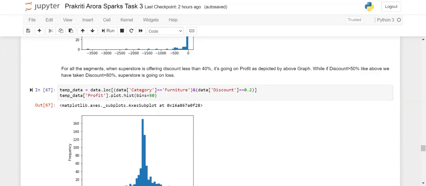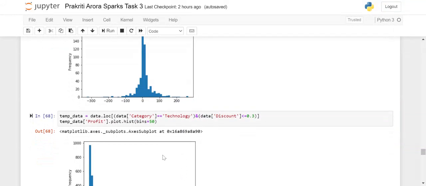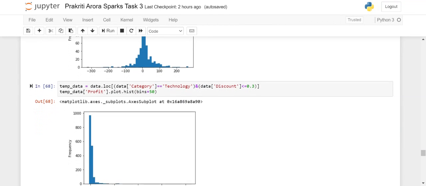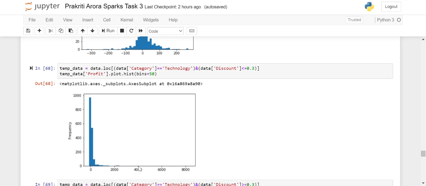Now similarly for the furniture category, we have plotted the data. With a 20% discount, we can see a lot of profit. And for the technology category, when the discount is less than 30%, we can see the profit.